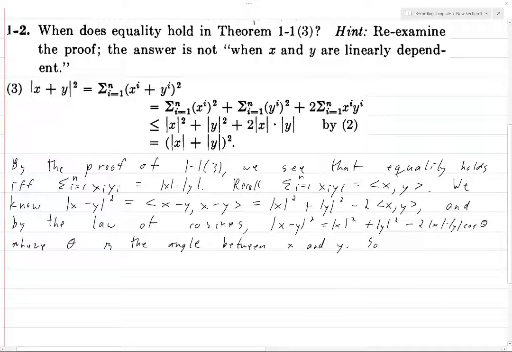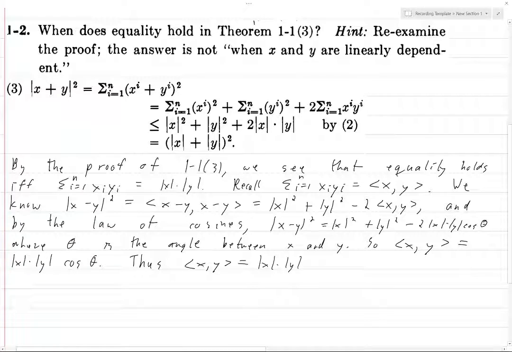If norm of x minus y squared is equal to this and this, we cancel the x squared, we cancel the y squared, we cancel the minus 2. So the inner product of x with y is equal to norm x dot norm y cosine theta. And thus we have inner product of x and y is equal to norm x dot norm y if and only if, looking at this previous equation, we need cosine of theta to be equal to 1.